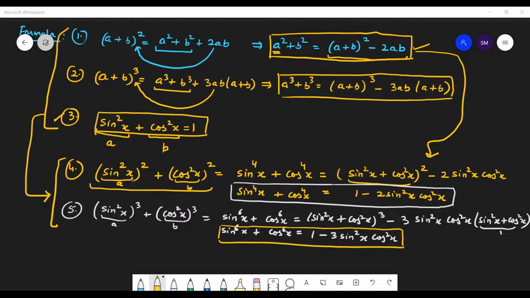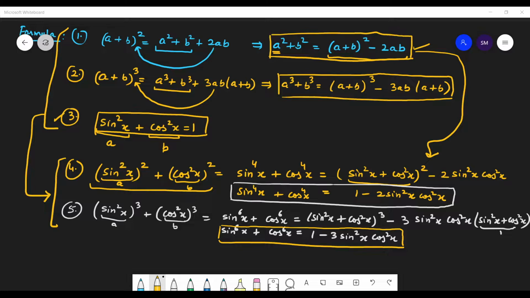See how you will proceed. Let me give you a hint. This is 3 into, you have to use this formula, sine square x plus cos square x, whole square, right? Or you can write it like this. Is there an issue? No. And that's 6 into, now you can open this.